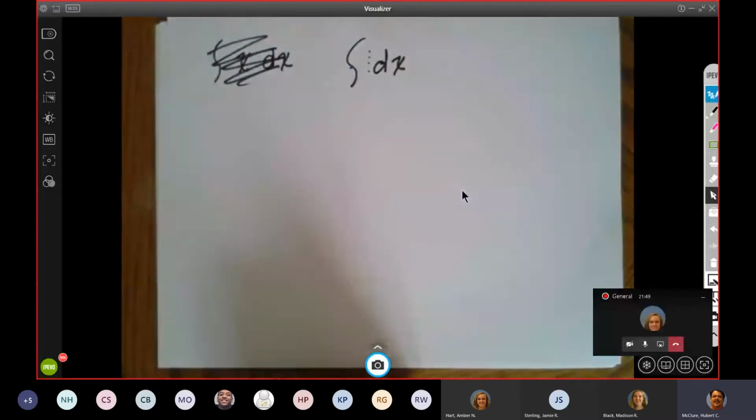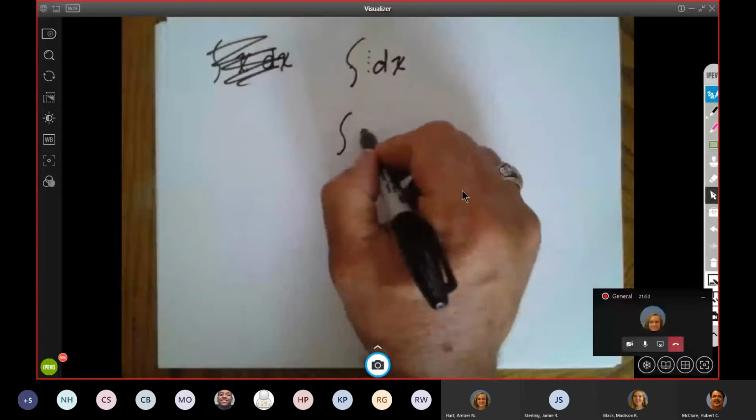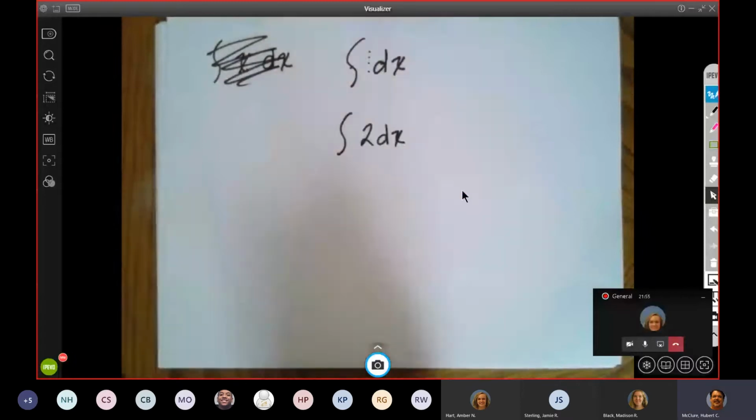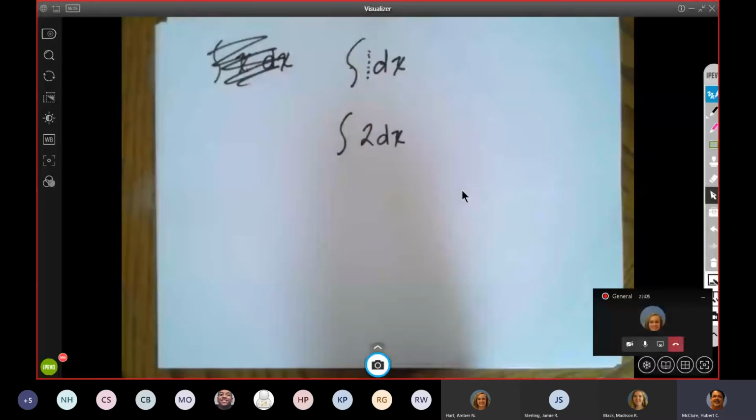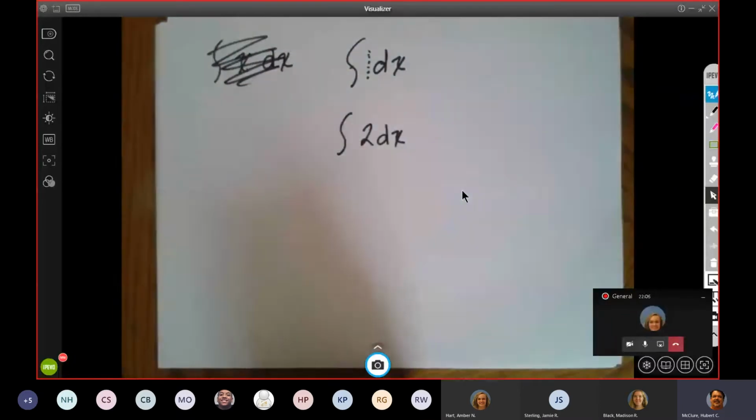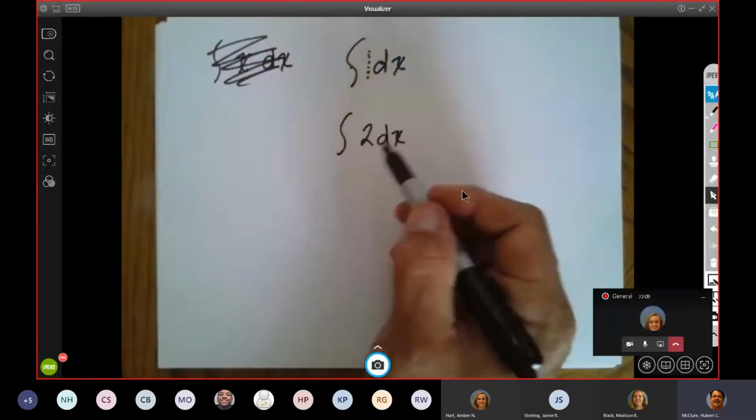Now, if I give you this, you don't have to put anything because you know what that is. But when you just have dx written like this, you need to put a 1 there. And you need to go back to basics because this is basically the constant rule reversed.